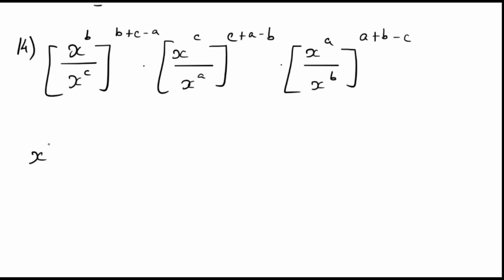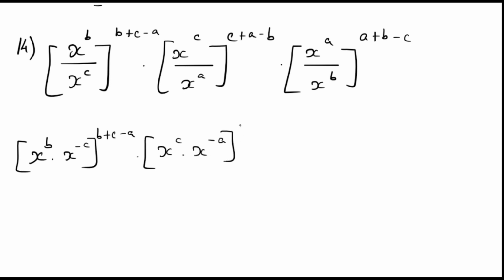So this will become (x to the power b into x to the power minus c), the whole to the power b plus c minus a. And this will become (x to the power c into x to the power minus a), the whole to the power c plus a minus b. This will become (x to the power a into x to the power minus b), the whole to the power a plus b minus c.